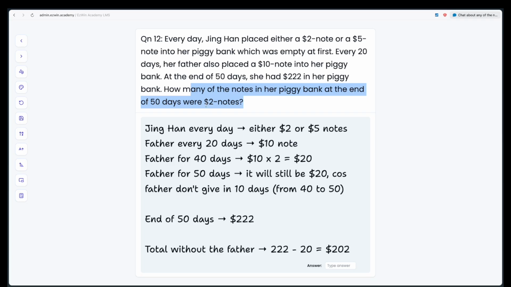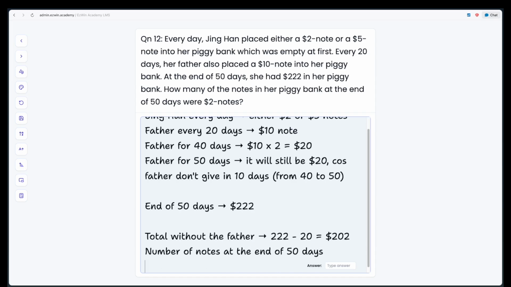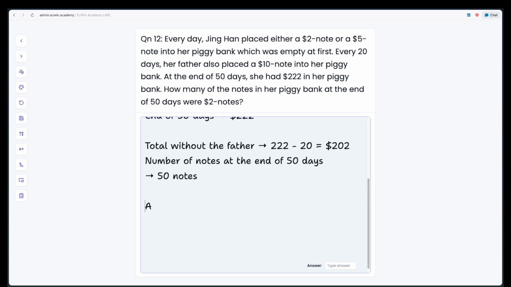We also know that the number of notes at the end of 50 days is equal to 50 notes. So we're going to use the assumption concept. If you want to find out more about this assumption concept, you can go to easy1.sg/blog to find out more. I'm going to share with you how to do it.